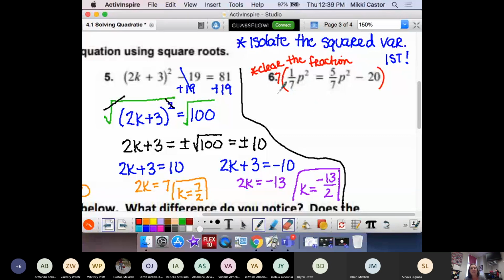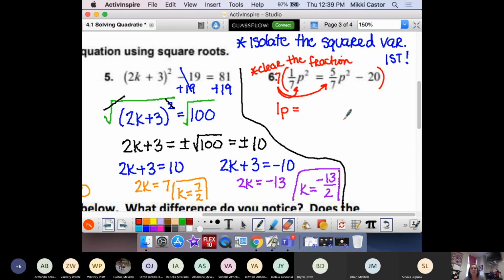So now I'm going to take that 7, I'm going to distribute it to every term in my equation. So 7 times 1/7 p. What is 1/7 of 7? Well, that should just be a 1, so that gives me 1p. There's my equal sign. And now we're going to distribute the 7 to the 5/7 p.